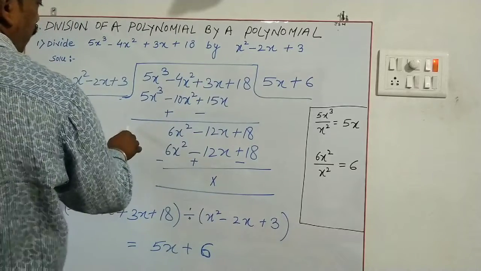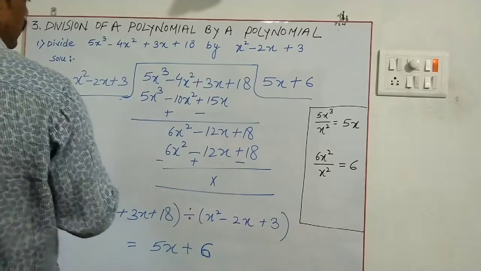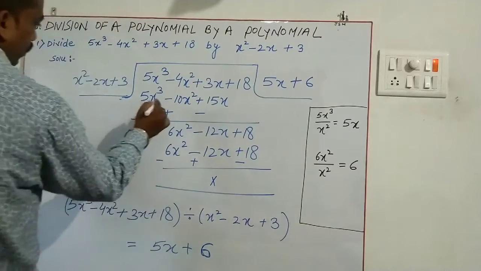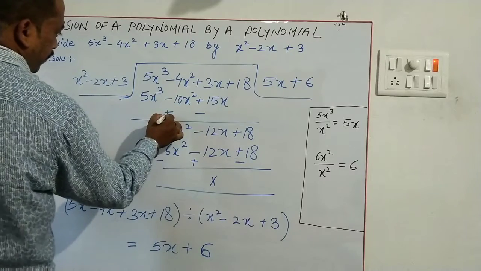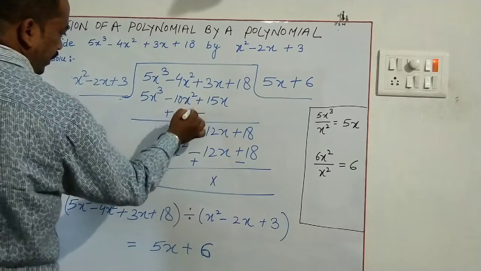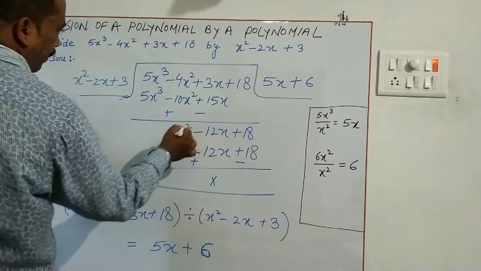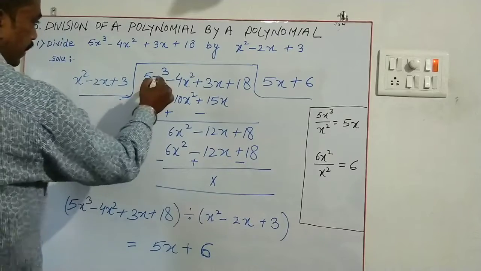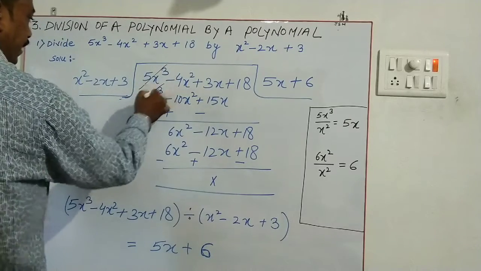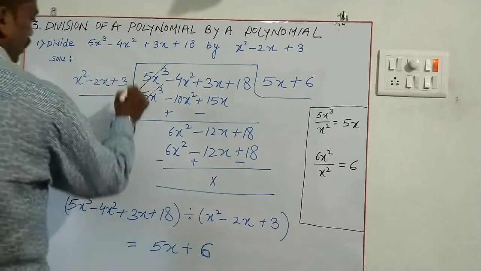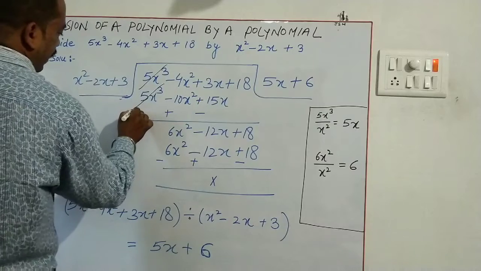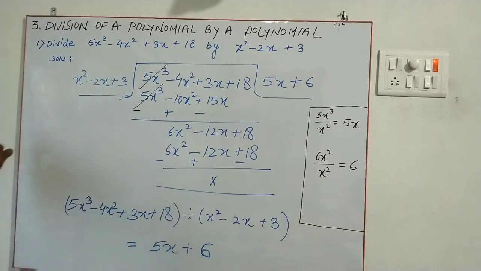In next step we will change the sign. So this negative will become positive and this positive will become negative. After that we will subtract. These two are cancelled with each other because they have equal and opposite sign.